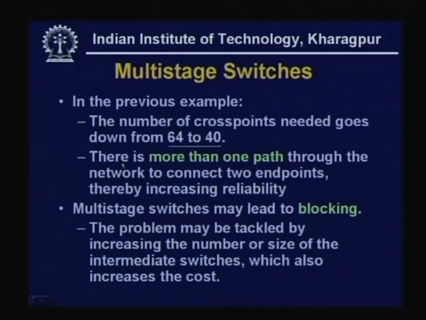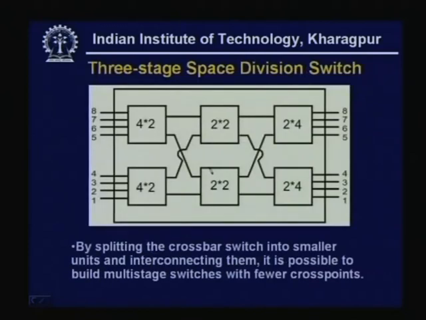And another important advantage is that there is more than one path through the network to connect two endpoints, and this increases the reliability. For example, in this case, suppose 1 wants to communicate with 5.